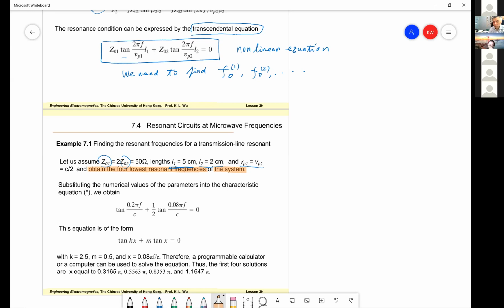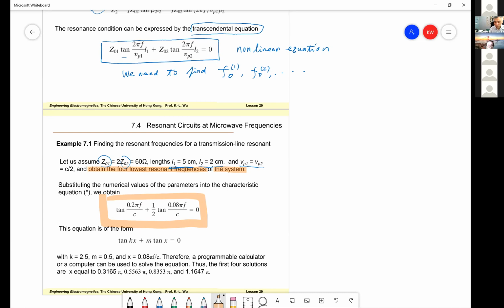So if we substitute all these known conditions into this, we have this equation, and we may need to find the solutions numerically.